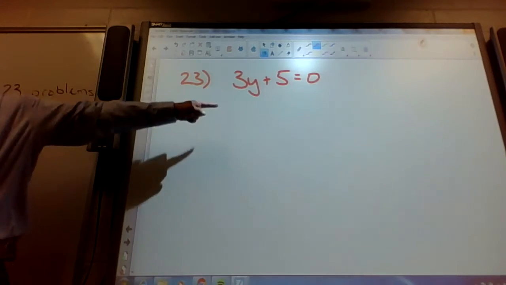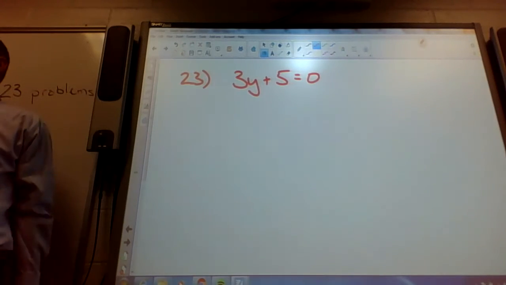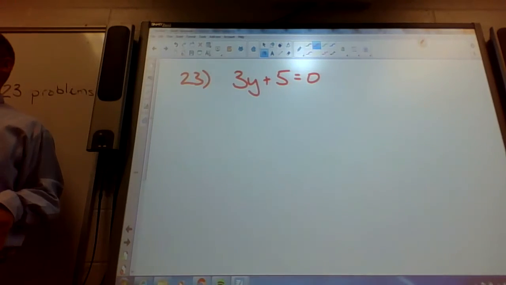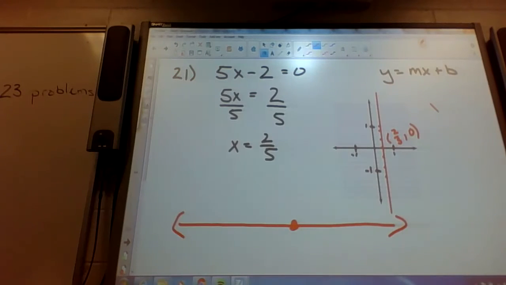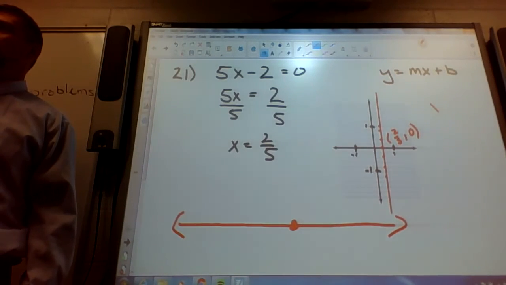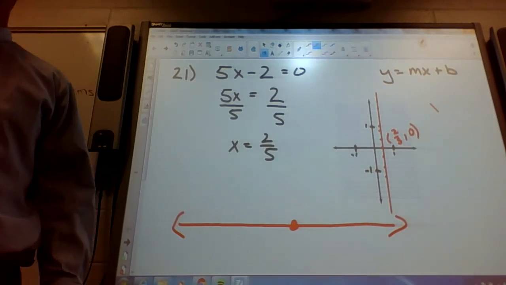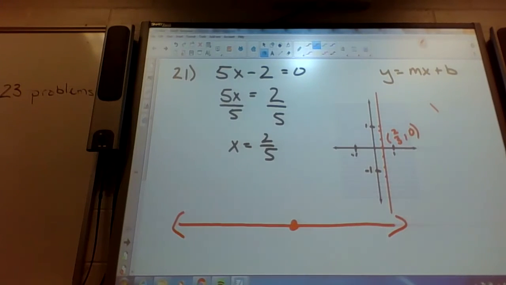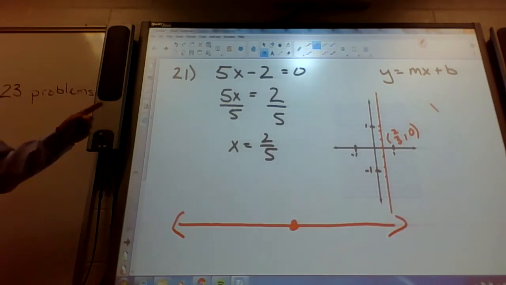What's the rise on a horizontal line? 0. The run is whatever you want it to be, right? What's the rise on this? Whatever you want it to be, right? What's the run? 0. Can we divide by 0? No, we get jazz hands when we try and divide by 0, right? I can't divide by 0. Okay? Make sense? So that's why the slope here is undefined.